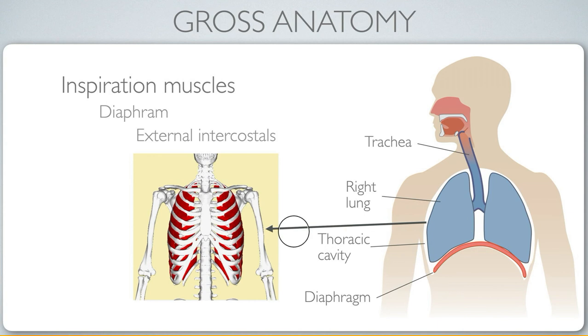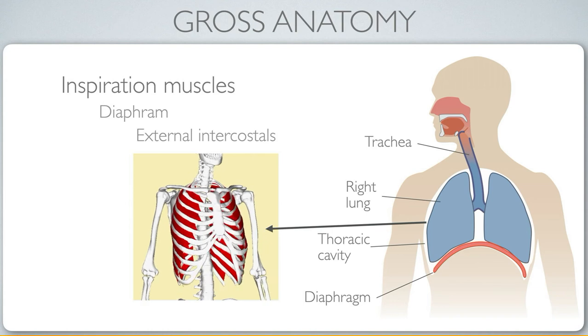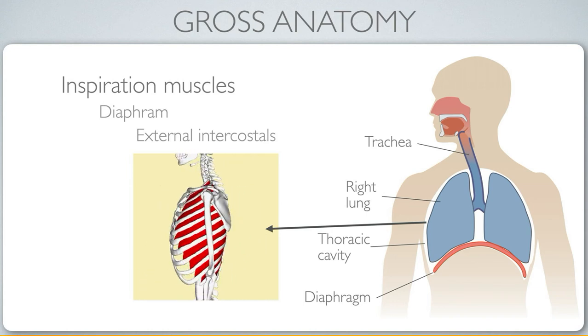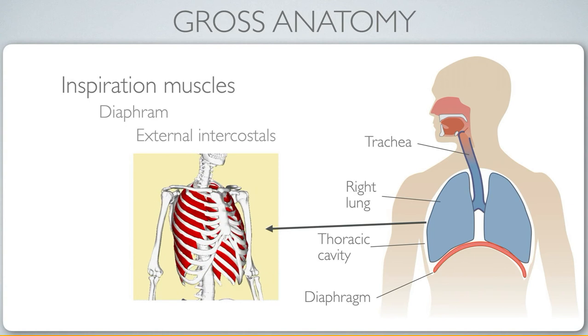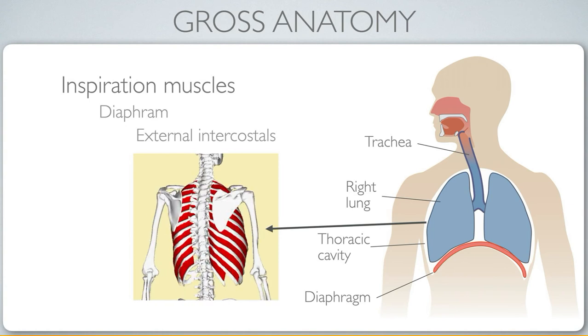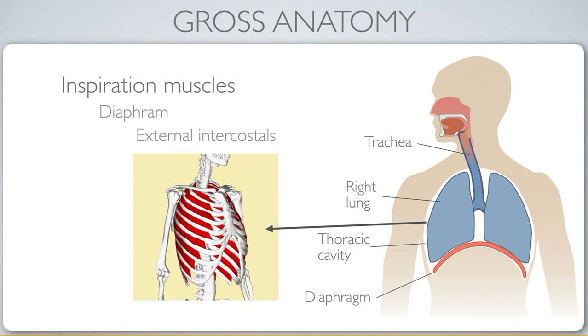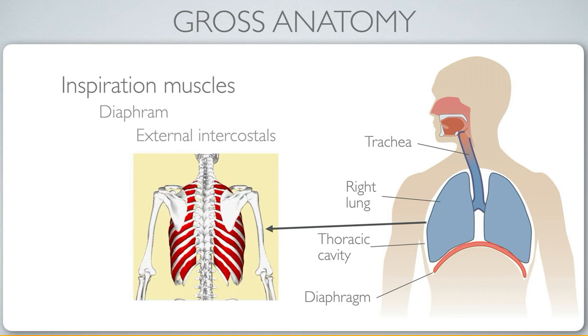And then there are muscles associated with the ribs. Those are called the external intercostals. And we can see that they surround the rib cage. When those muscles contract, they serve to expand the thoracic cavity by expanding the volume contained within the rib cage.